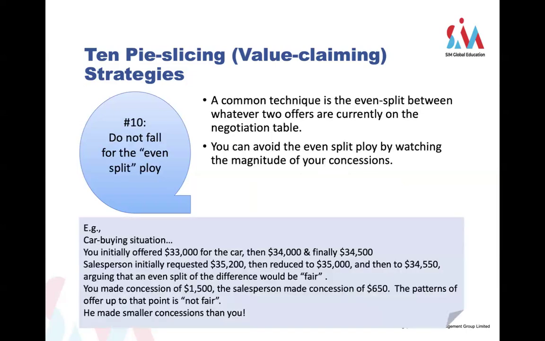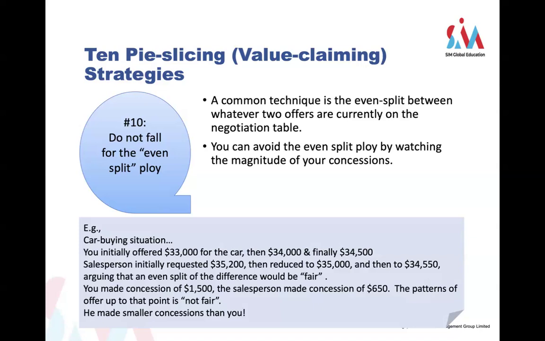And finally, number 10, do not fall for the even split ploy. Now, this is something that you may experience in a negotiation. Again, let me give you a scenario, a car buying situation. You initially offered $33,000 for the car, and after a few rounds of negotiation, you increase to $34,000, and finally $34,500.